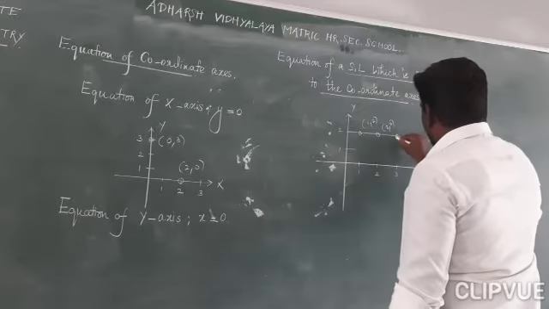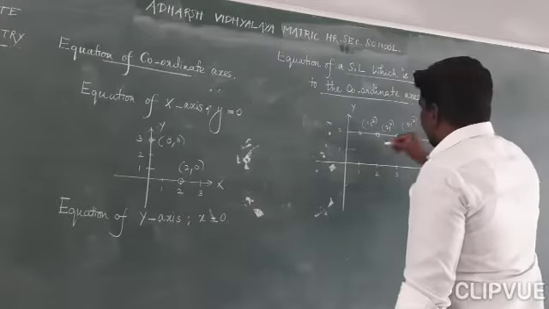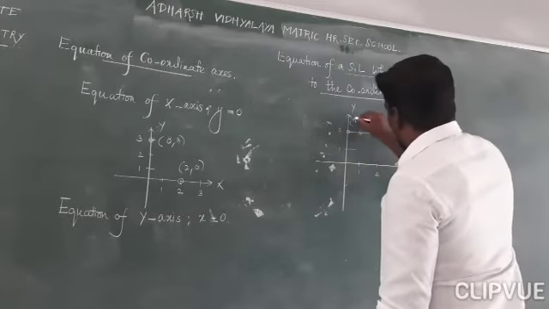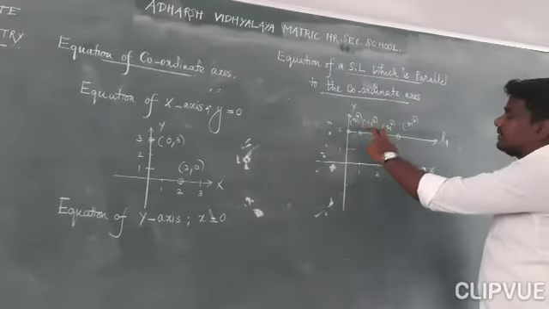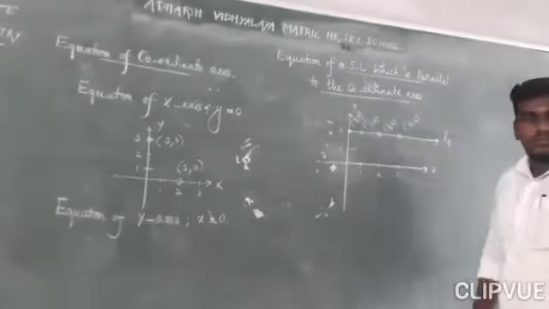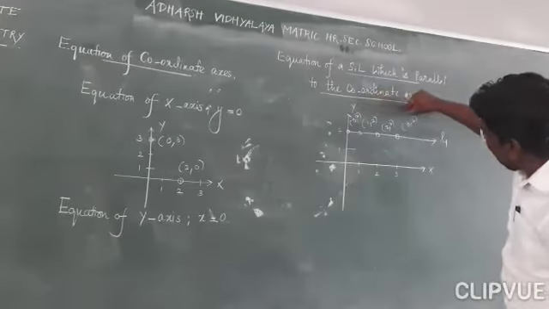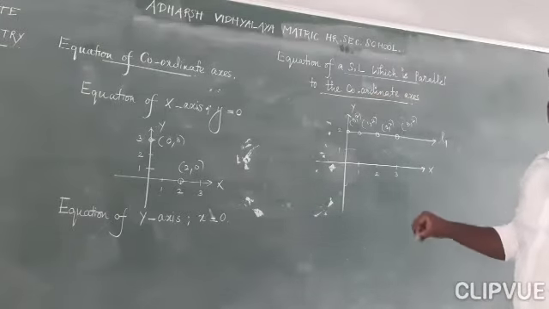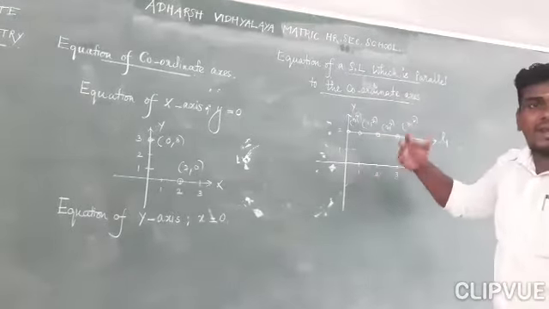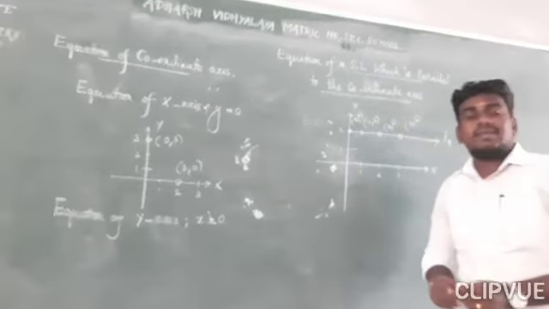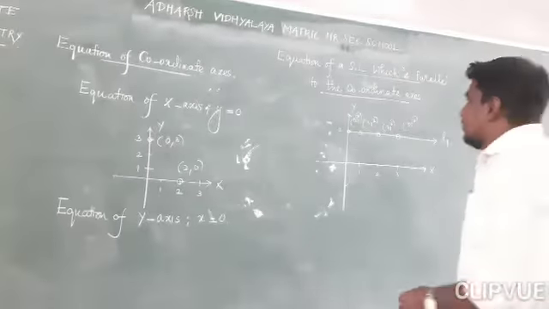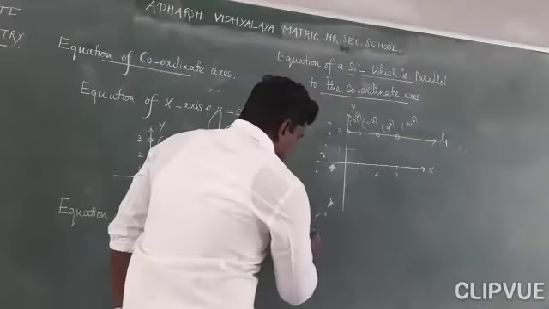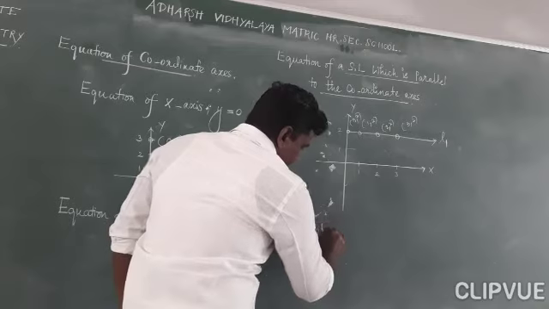And this one is 3, 2. And this is 0, 2. Look at the points. Here 0, 2, 1, 2, 2, 2 and 3, 2. These y coordinates are constant. If the straight line is parallel to x-axis, it means y is equal to constant. You may take that constant as b. Y is equal to b. So first one, equation of the straight line.